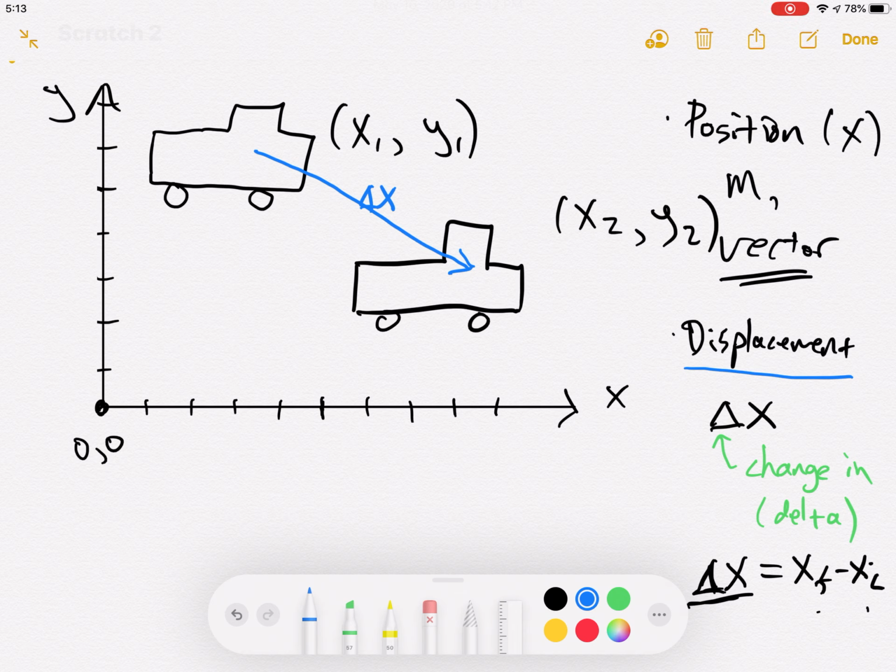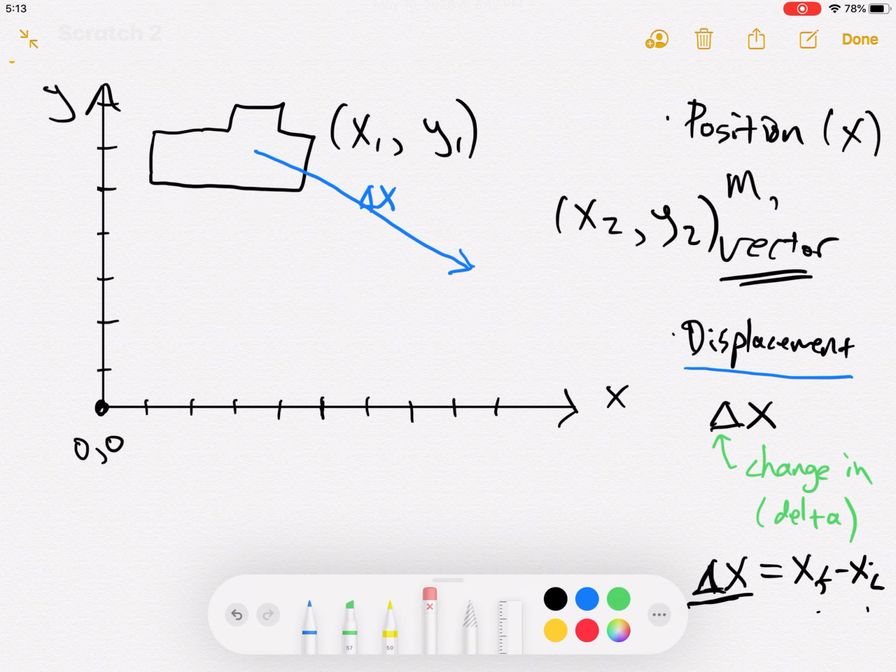We're going to treat objects like points until treating them like points doesn't work anymore. Specifically, when you start to think about rotation, rotation of a point doesn't make any sense. But for the car here, I could say the center of mass of the car, or I could pick a specific point on the car, like the front or the back. Here I seem to have picked the cab. So I could just call these points.